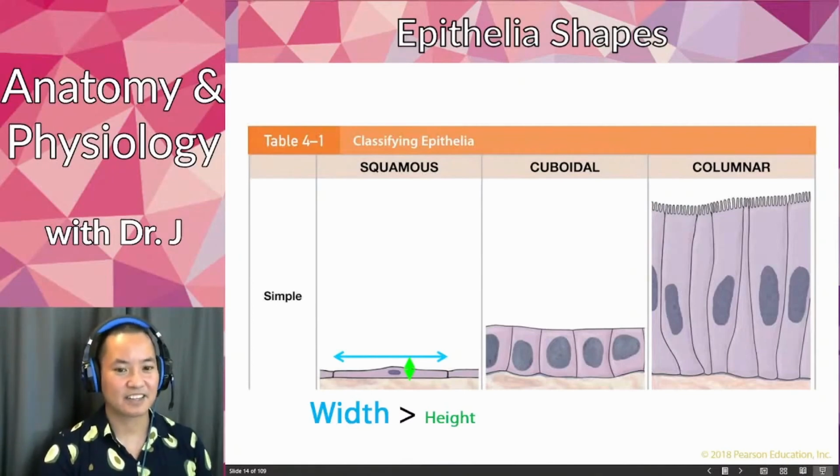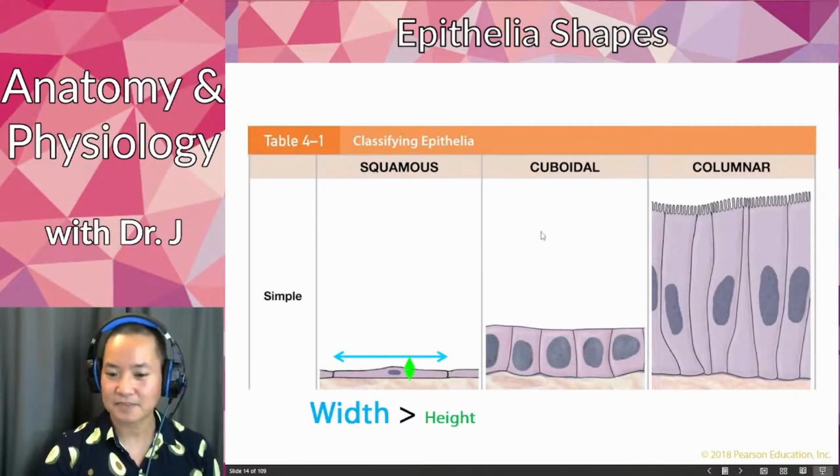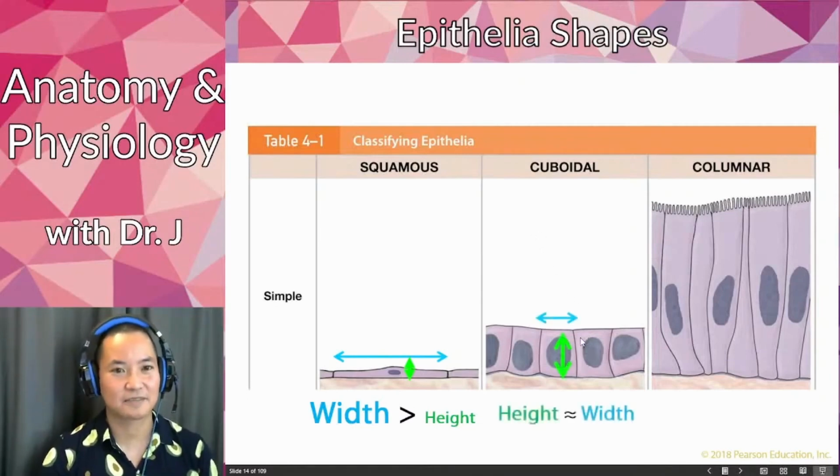I think the word squamous comes from the Latin, I believe, for scales. Scales are flat and broad, and so are squamous cells. Now cuboidal, just like the geometric definition of a cube, the width is about the same as the height.